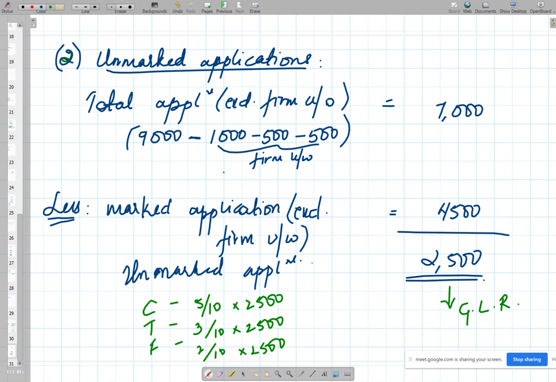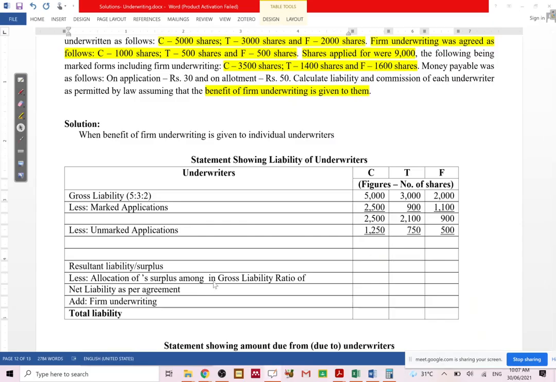Because benefit is given to individual underwriters. The firm underwriting should not be mixed up or added to unmarked applications and then redistributed. Okay, you have to give the benefit separately. So if C has taken these many firm underwriting, give them that. If T has taken these many firm underwriting shares, give each one that benefit. Okay, so one extra step comes here.